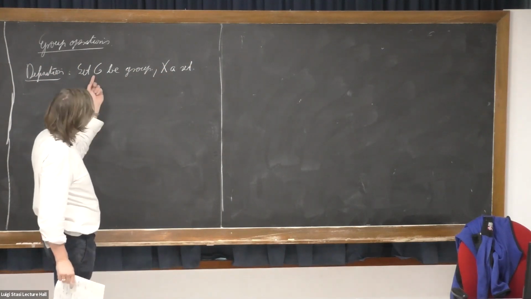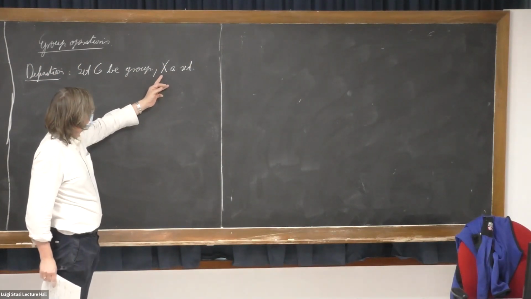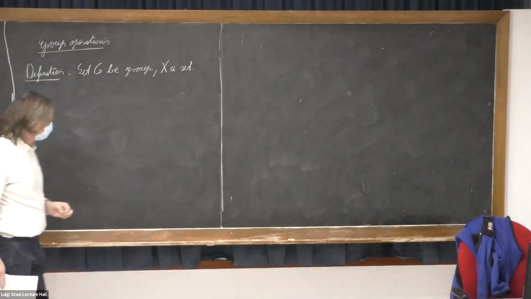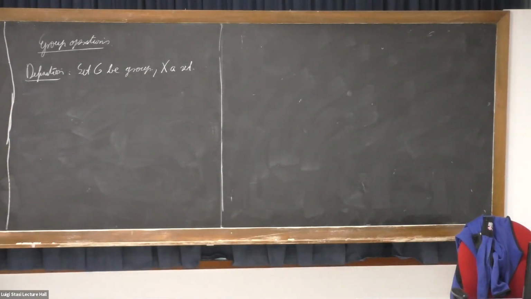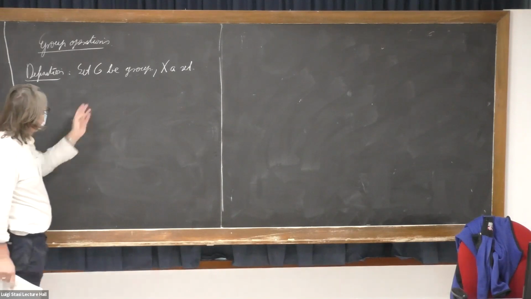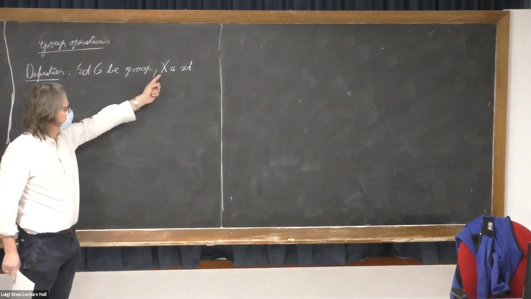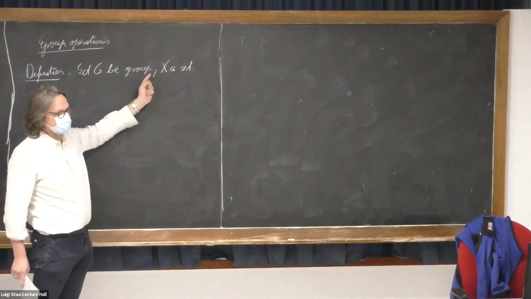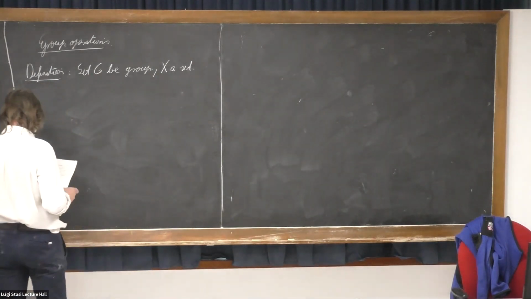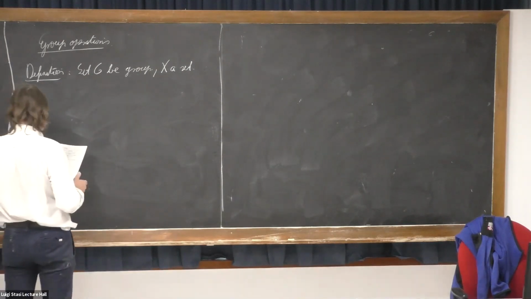So it's a little bit like if you're able to multiply elements in the set X with elements in the group. And there must be some kind of compatibility. If you multiply by the product of two elements, it should be the same as multiplying twice, first by one element, followed by the next. And so that's basically all the definition that we have.